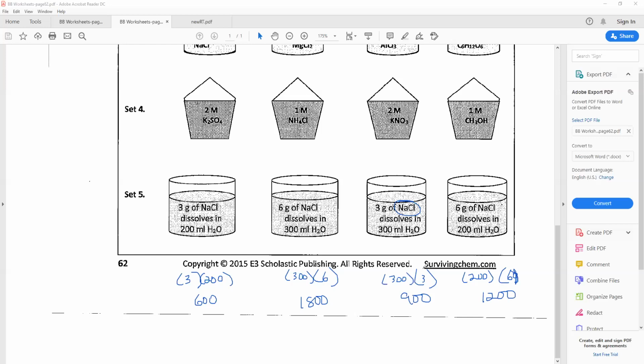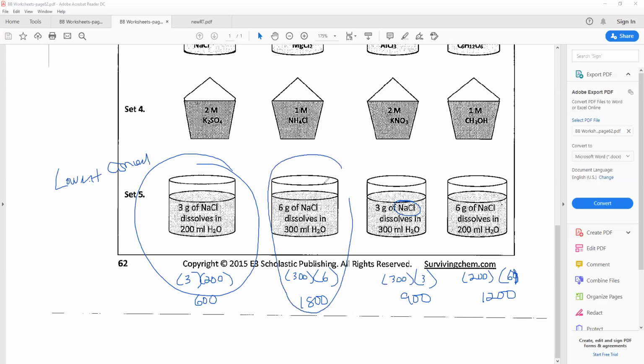So we're going to see, this is 6, this is 3, right? Okay, so we're going to see that this has the lowest concentration. And this one has the highest.